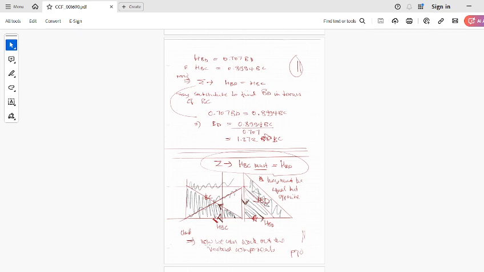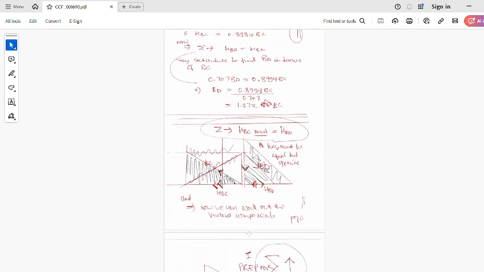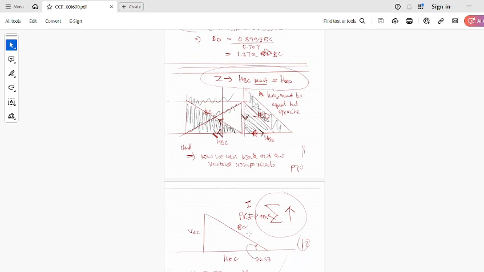So now we can work out the vertical components of BD and BC, because we've got the reaction 13.33. Then we can resolve the vertical components. We should be able to work that out fairly quickly.